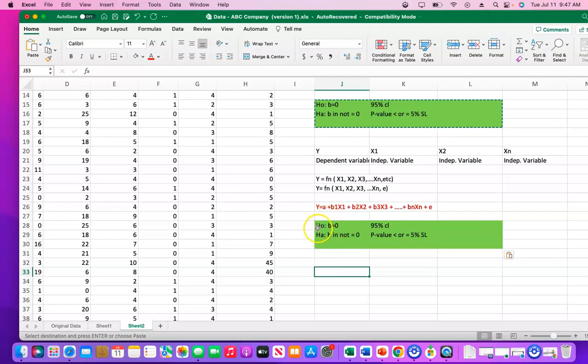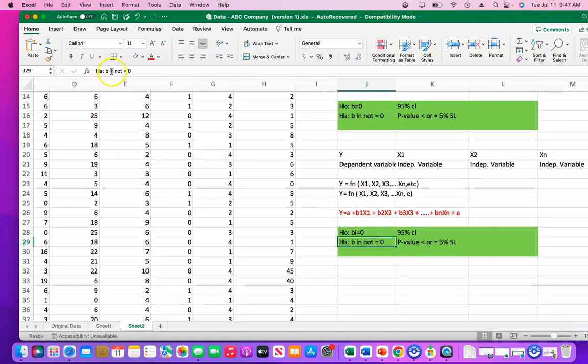And so in this case, we can say beta i, showing that any slope for all these variables. So we'll say that the slope, or the particular slope of these variables, is not different from 0.